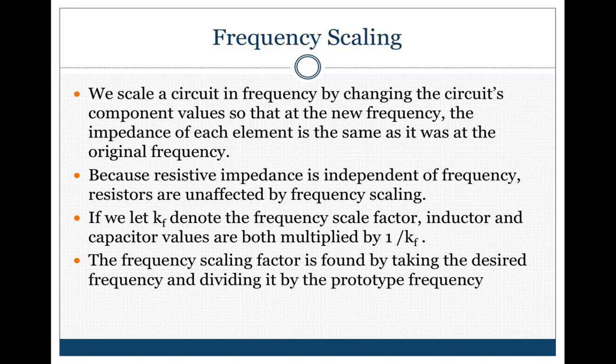Hence, the frequency scaling factor is found by taking the desired frequency and dividing it by the prototype frequency. Since our prototype frequencies are typically 1 radian per second, the frequency scaling factor is the new or desired frequency in radians per second. Typically, frequency specifications are given in hertz, so to solve most problems specified by a customer, we would need to convert to radians per second first.